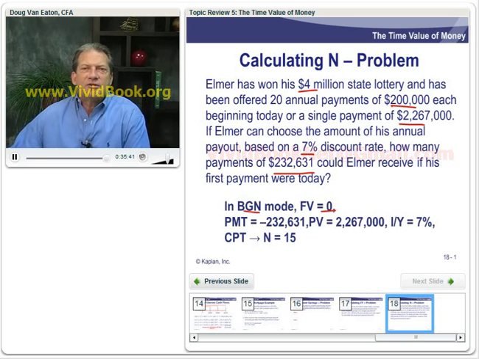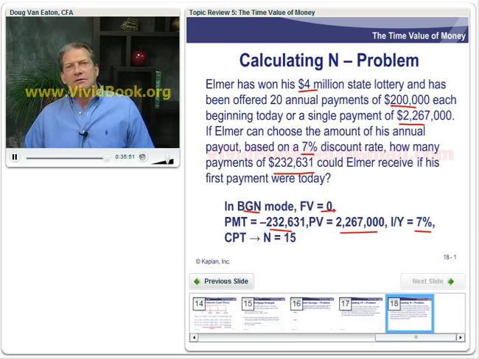It's opposite sign of the present value. Our interest rate is 7%. We compute n and find out n is 15. So at an interest rate of 7%, 15 annual payments of $232,631 have the same present value as 20 annual payments of $200,000.